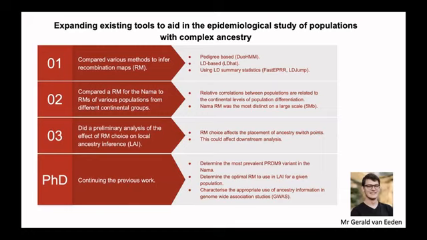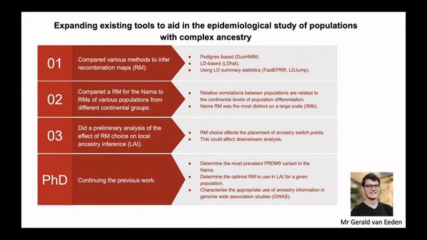So he is looking at the correlations between these maps across different populations, and in preliminary analysis, not surprisingly, the NAMA recombination map is the most distinct on a large scale. We're also looking at how the recombination map choice affects the placement of ancestry switch points in local ancestry inference, and how this can affect downstream analyses such as admixture mapping.